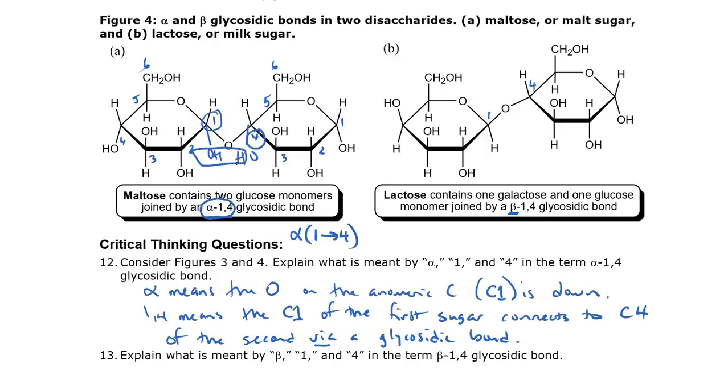So that's losing water, so that's a condensation. If I were to try to break these back down, I would have to break the glycosidic bond, add an H back to here, and add an OH back to here. And that would be a hydrolysis, adding water to split the disaccharide into 2 monosaccharides.